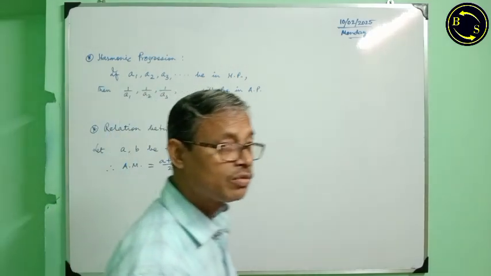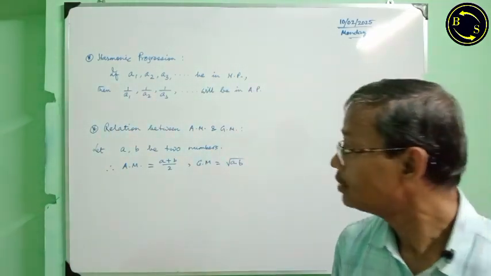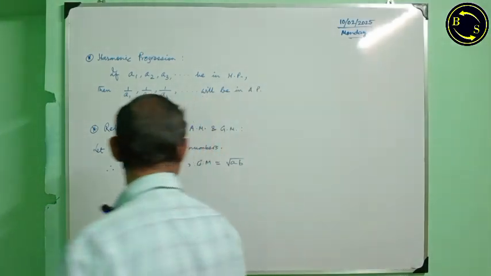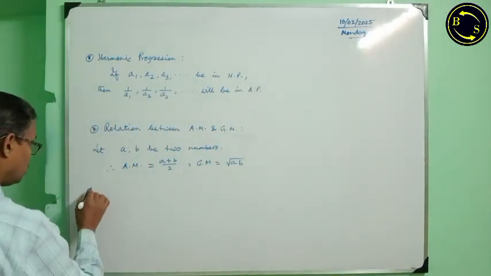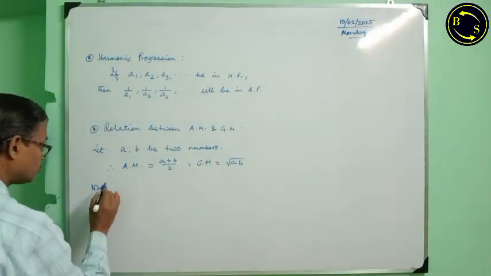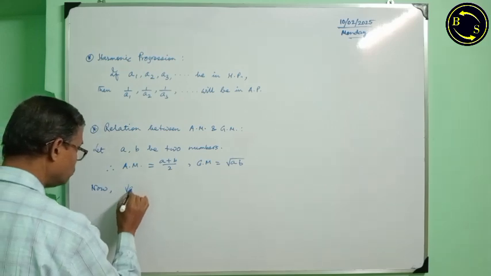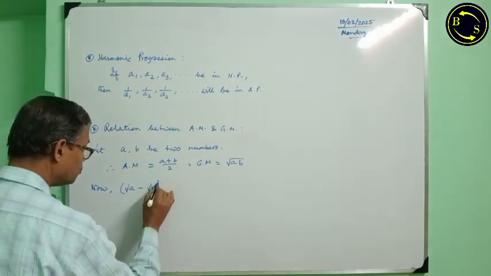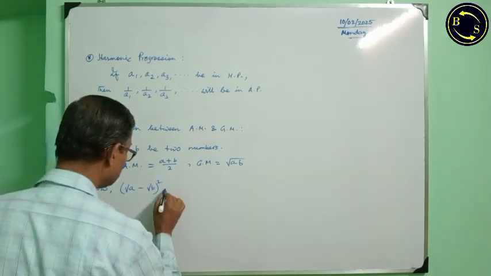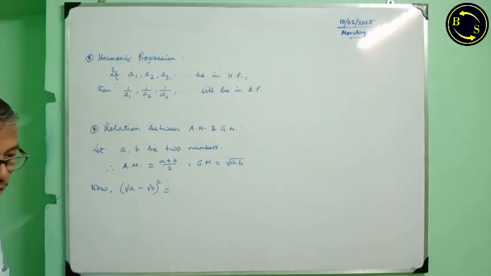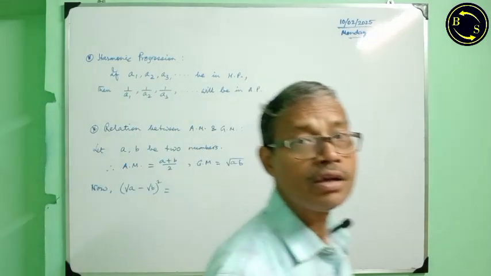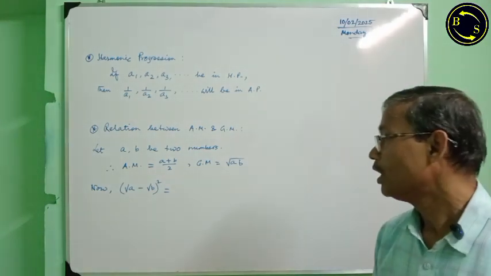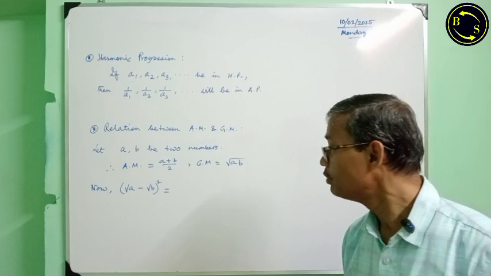Now the relation is which one will be greater, that is to be determined. I start like this. Now remember, here A, B are positive numbers, of course. I start like this, root A minus root B whole square.